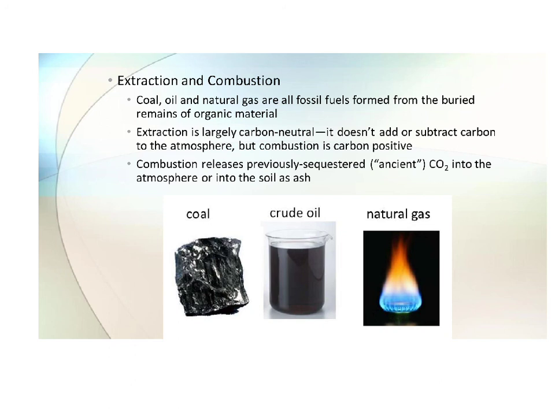It has been sequestered for millions of years. It has not been cycling through the atmosphere for a long time. So when we begin to burn it through combustion, we're adding that ancient carbon back in to the cycle, which ups the overall amount of carbon that is cycling through the atmosphere. And there's consequences to that.